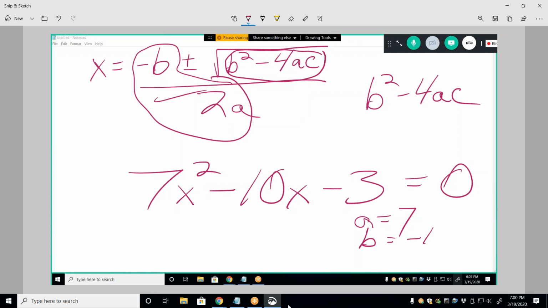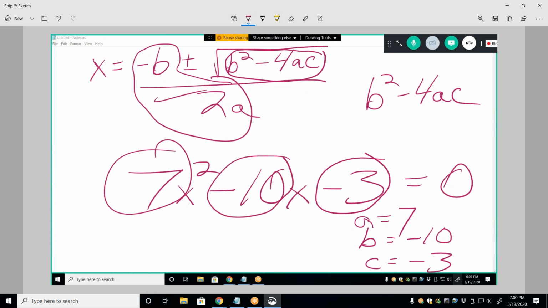And C? Is -3. That's how you do it. You just pull off the coefficients, and there's your A, B, and C. Plug them into the quadratic formula, simplify, and you have your answers for what x is. And this plus or minus gives you two answers. One of them is plus, one of them is minus.